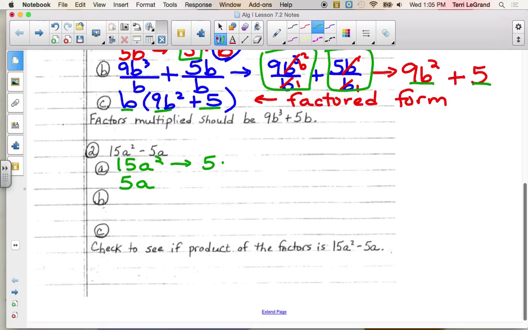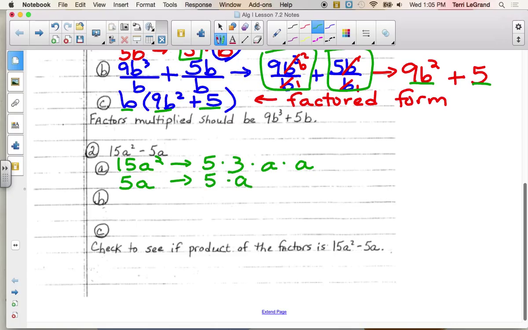Careful, I think you're thinking of adding. How many 5s did you just do? Okay. 5 times 3, right? Times a times a. Yeah, 5 times 3 times a times a. 5 times 5 times 5 would have been 125. Yeah, I realized that after I said it. And then 5a, 5 times a, right?